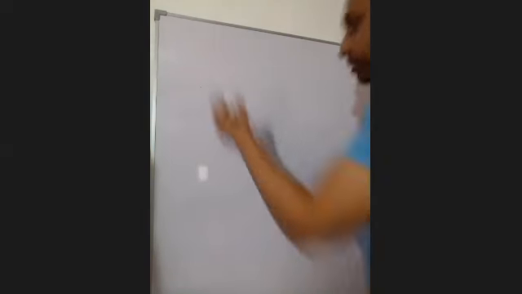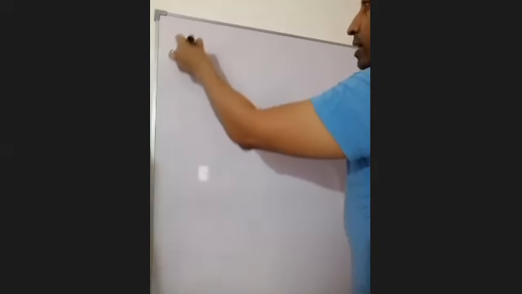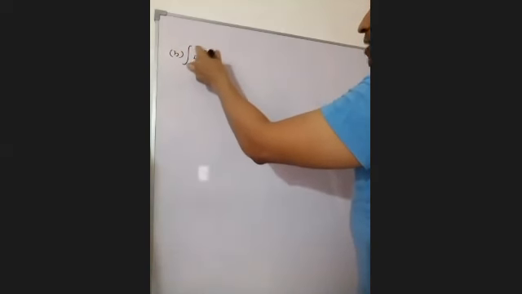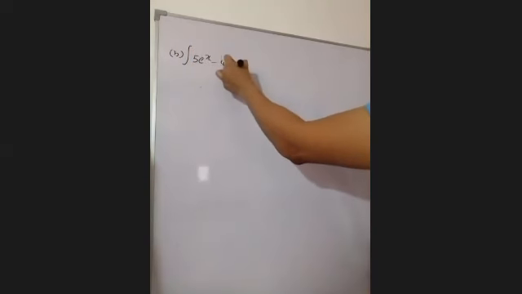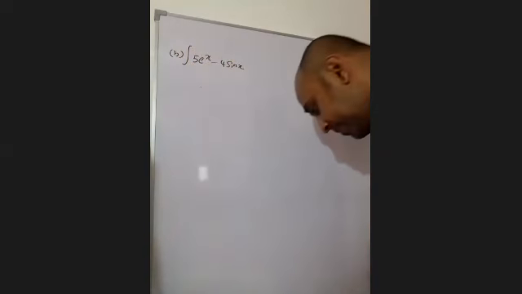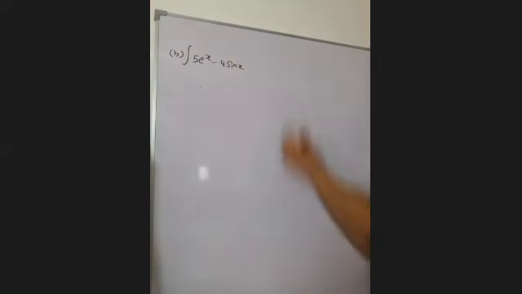Then the same question, part B. Integration of 5 e to the power x minus 4 sin x plus 2x to the power 3.